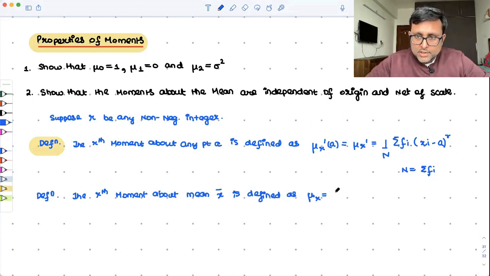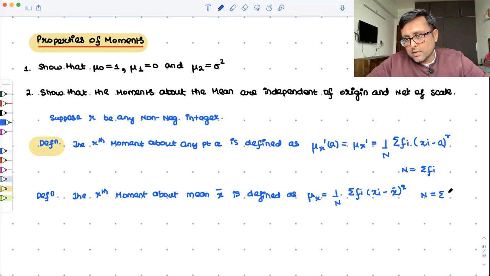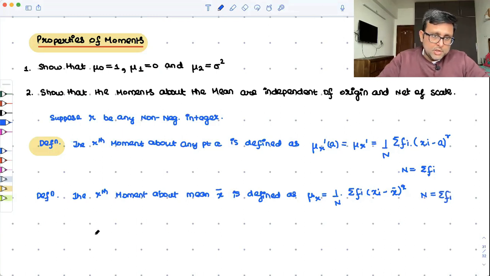So there is no dash here. 1 upon n summation fi xi minus x bar to the power r. N is nothing but summation of fi.